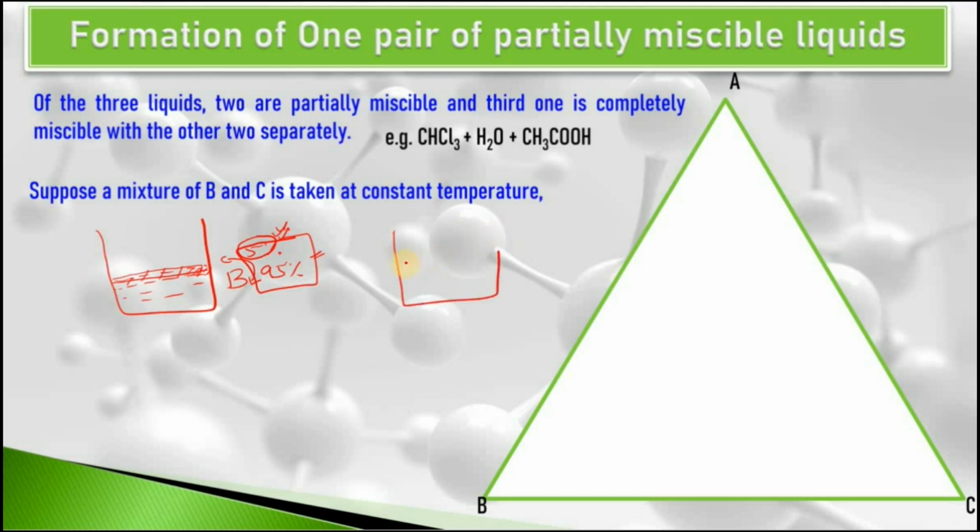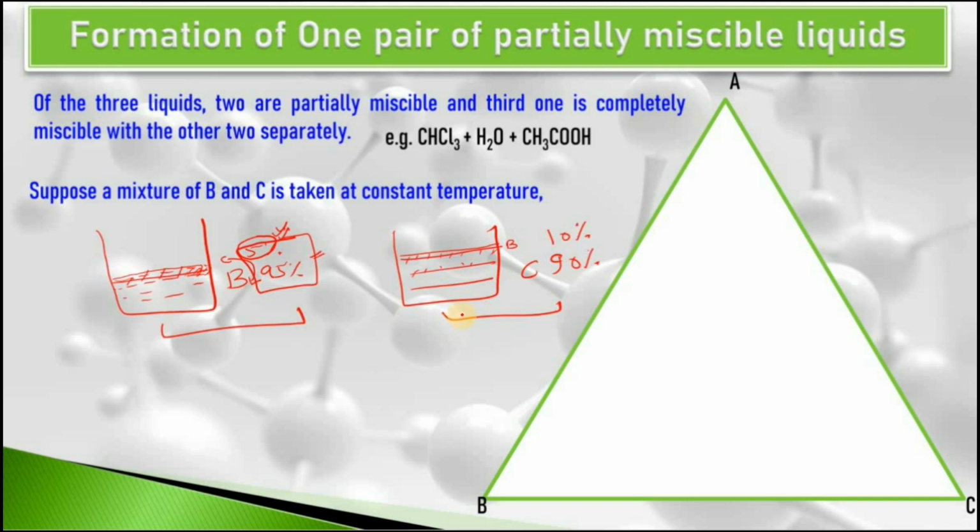Similarly, let us take a large quantity of C and a very small quantity of B in such a way that B gets completely mixed with C. For example, if we take 90% of C and 10% of B, or less than 10% of B, B gets dissolved in C completely. So if we maintain these ratios, we get two conjugate solutions of B and C.